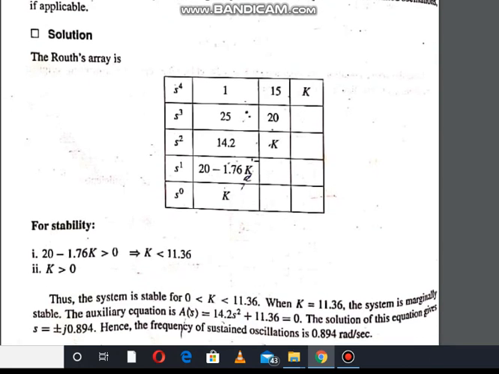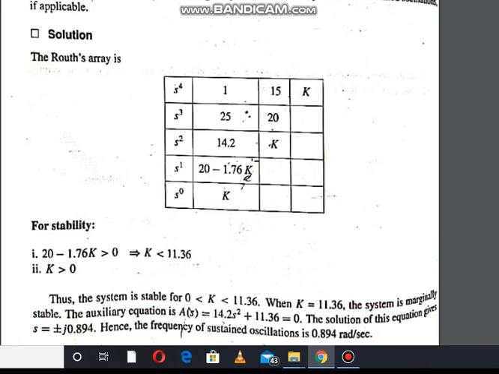And for stability, see in the first column all values are positive, but there is a value with k, that is the s to the power 1 row, 20 minus 1.76k. So for stability, we should get a positive value, right? There should not be any sign change.